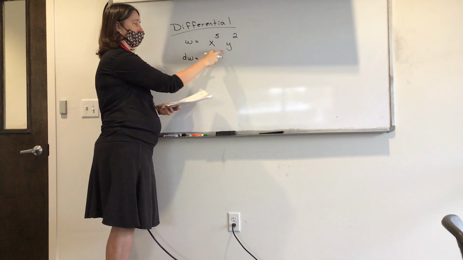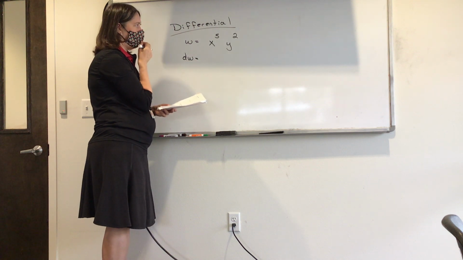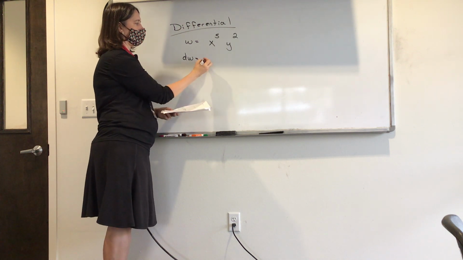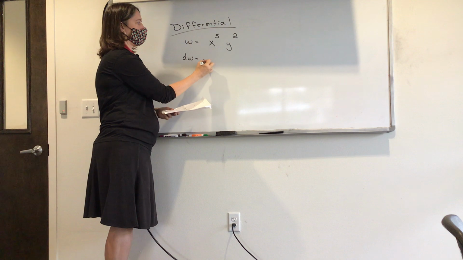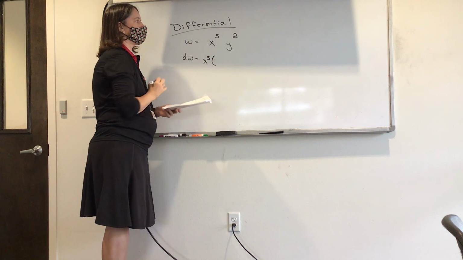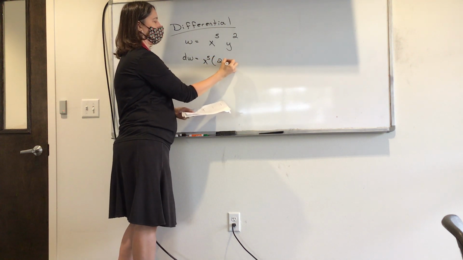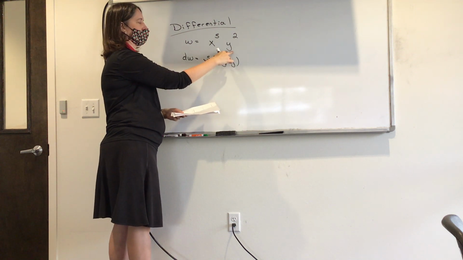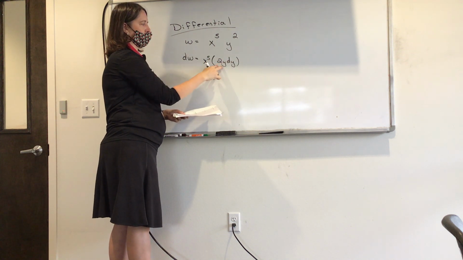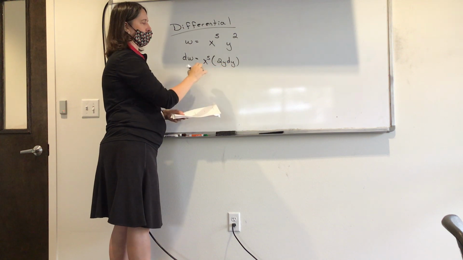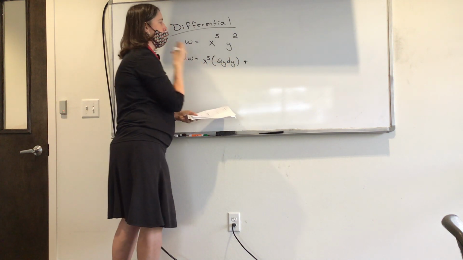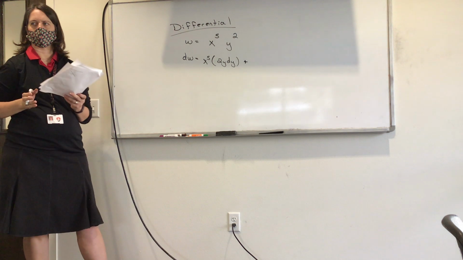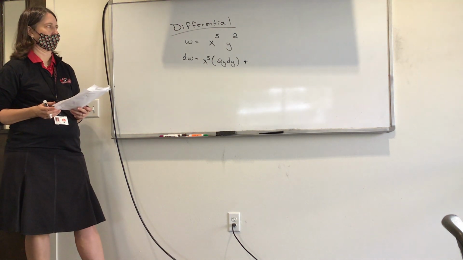Josiah, can you help me out with the first piece of my answer for the differential? So it'd be x to the fifth, 2y dy. Very good. Okay, so we take the first part of our function times the differential of the second, so I do the derivative and I put dy because the variable is y. Anna, can you help me with the second part for the final answer?